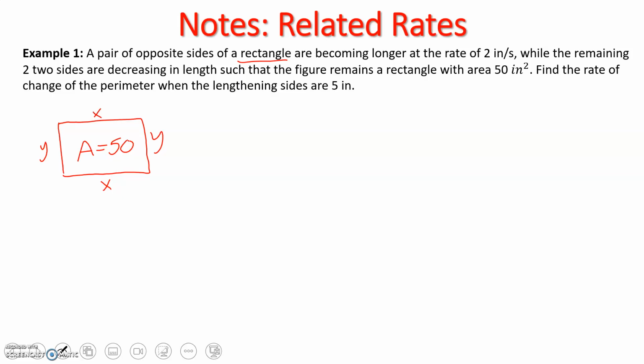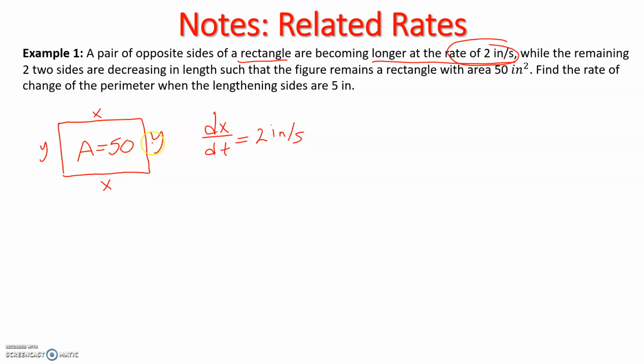We have a pair of opposite sides of a rectangle. They're getting longer at this rate. A rate is a derivative. This is the rate of what? The rate of x getting longer. So that is dx/dt, i.e. the change in x's length with respect to time is 2 inches per second. Now, the remaining sides are decreasing.